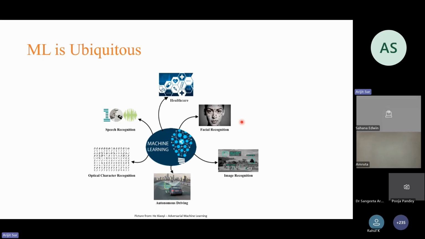These are just a few examples. Everywhere now there is an ML algorithm. Basically we restrict ourselves to vision tasks because today's talk is on vision-related things. So machine learning has become a part of our daily life.